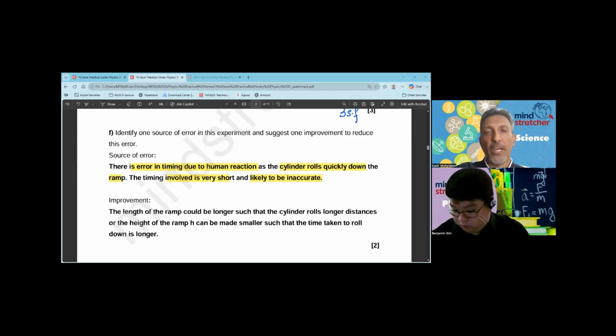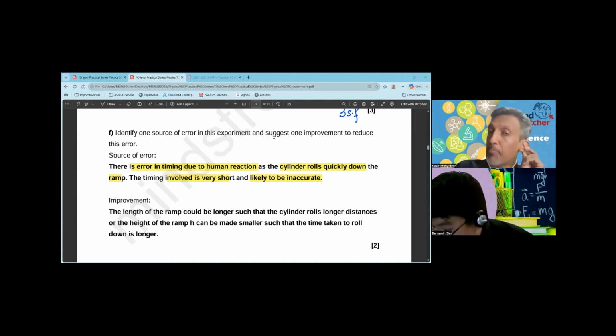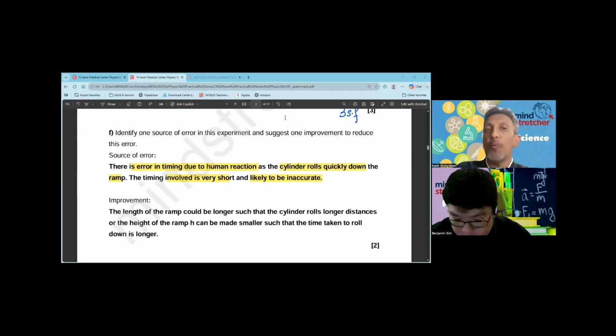can the source of error be the possible position of the lock where you place the wooden rod? Okay, but the thing is that source of error is something which you can still control, because if they ask you to put it at the 90 cm mark, you'll place it at the 90 cm mark.